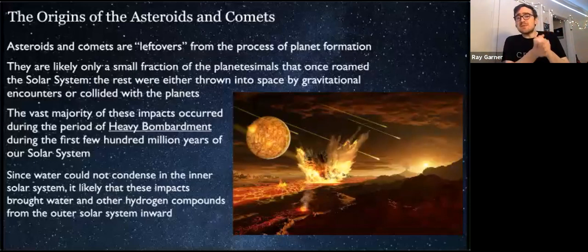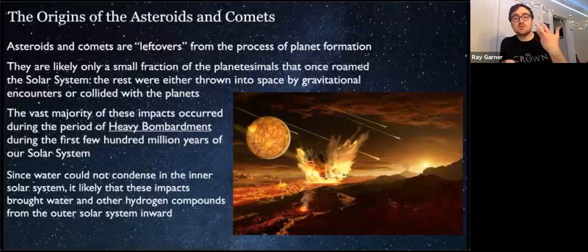But remember, the Earth is inside the frost line, so water couldn't condense here. So how is Earth covered in water? Well, current theories put forward that during this period of heavy bombardment, comets from the outer solar system were able to form. They're made out of water ice, and they were able to essentially come into the inner solar system and collide with the Earth.